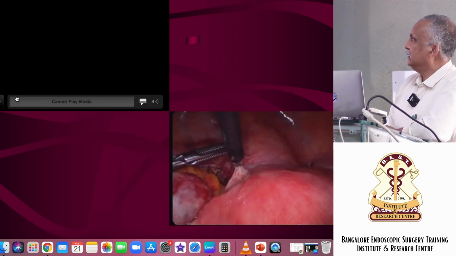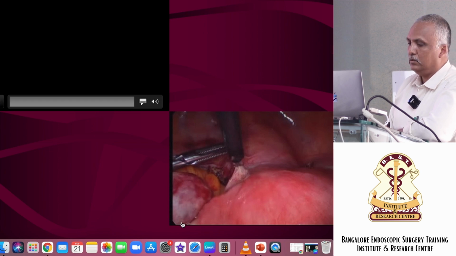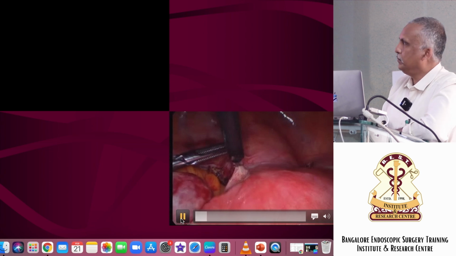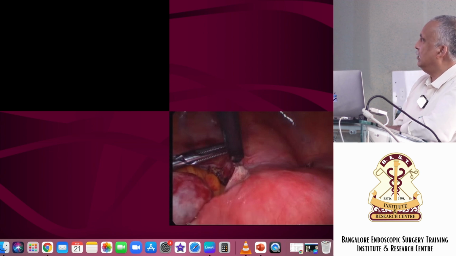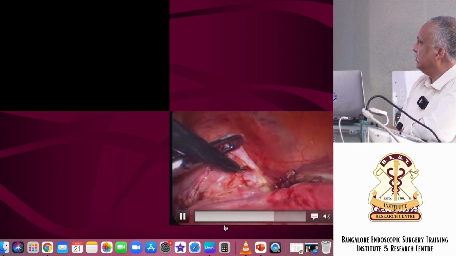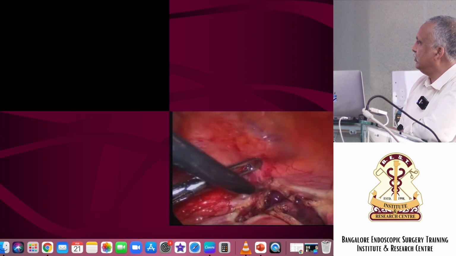desiccation. So now, you want to coagulate and cut over there. So this is the UV fold you are using.